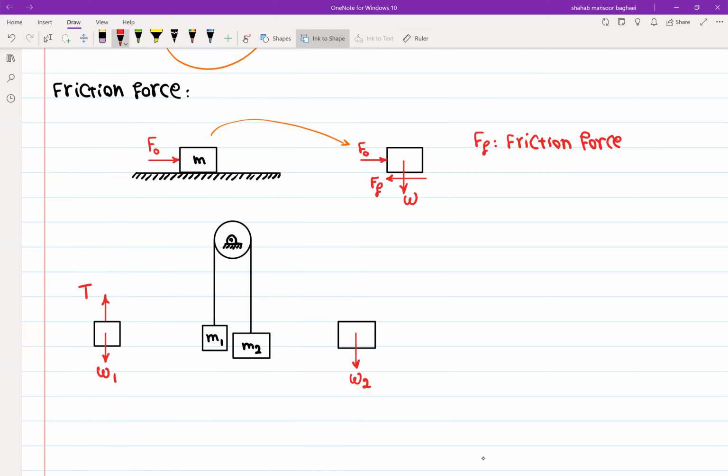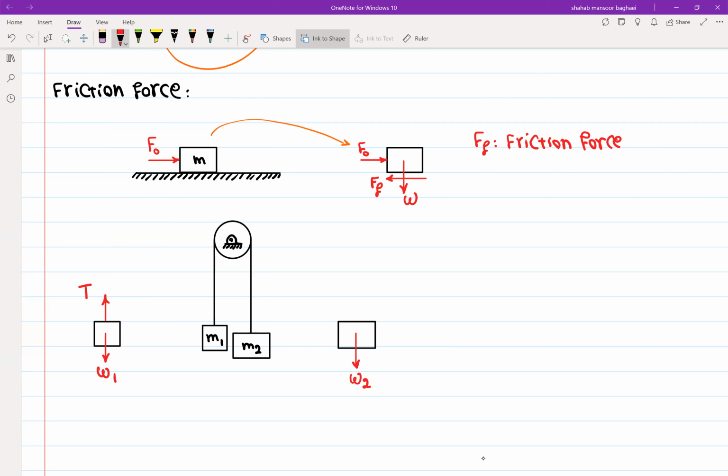What happens to the cable on the top of the block? If you have a uniform cable around the pulley, at that moment, the tension on the left side equal to tension of the right side. It means you have the same T here on the right.